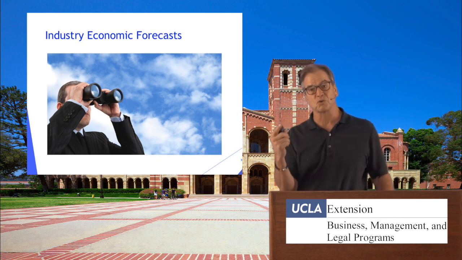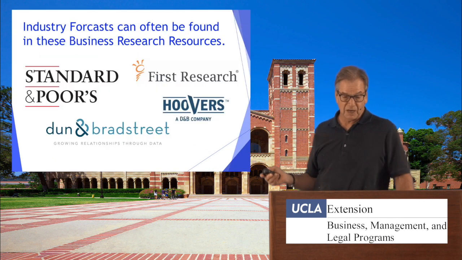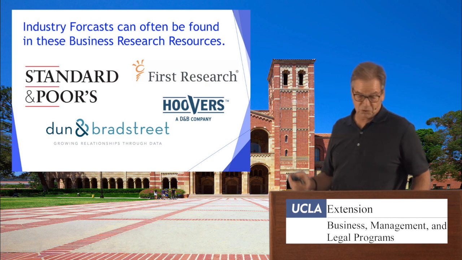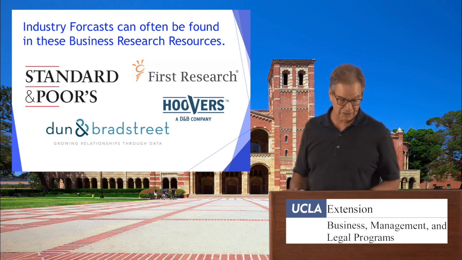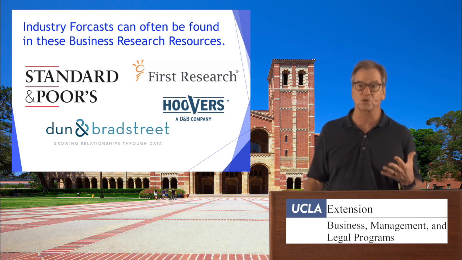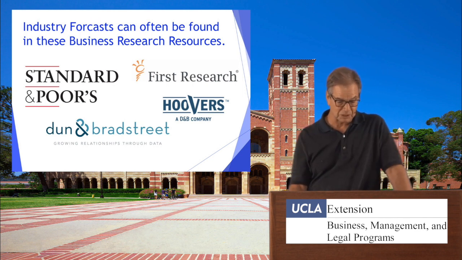That way everyone's aware of trends and directions going on in the industry. And again, as I mentioned earlier, we look to Standard & Poor's, Dun & Bradstreet, and I probably should have a logo up there that just says trade associations, for where we can find this kind of information.